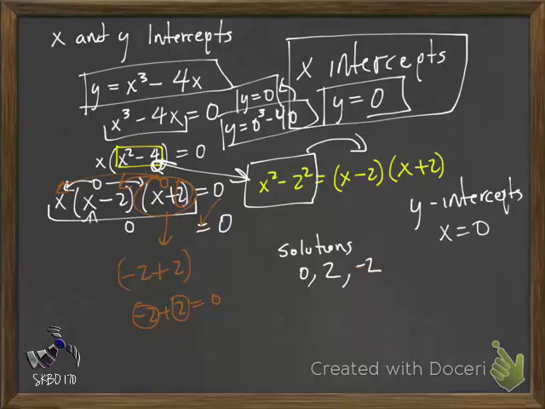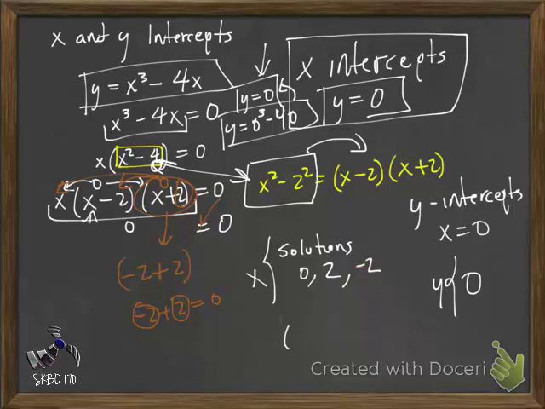As you can see here, there's nothing to factor out. So the only solution for the y-intercepts is 0.